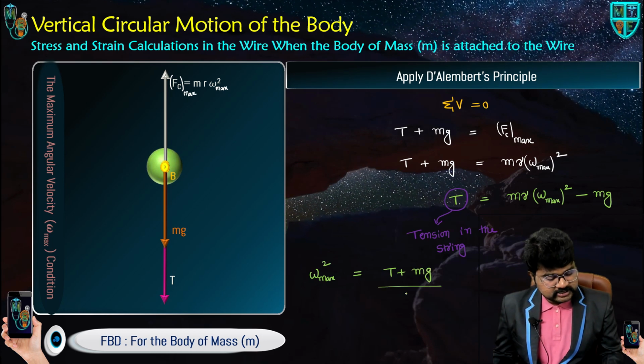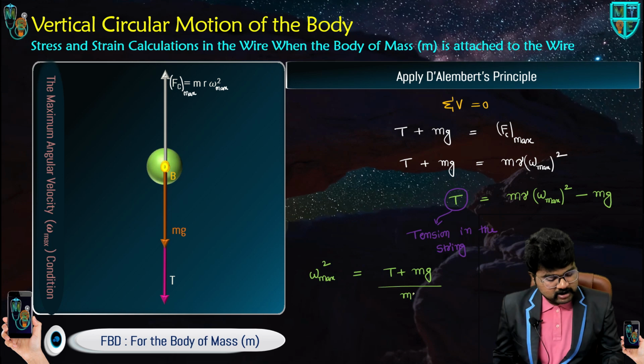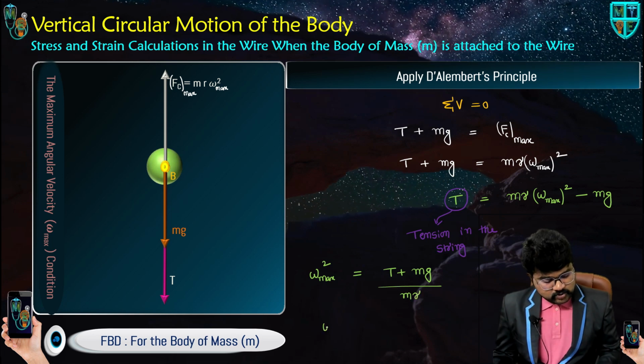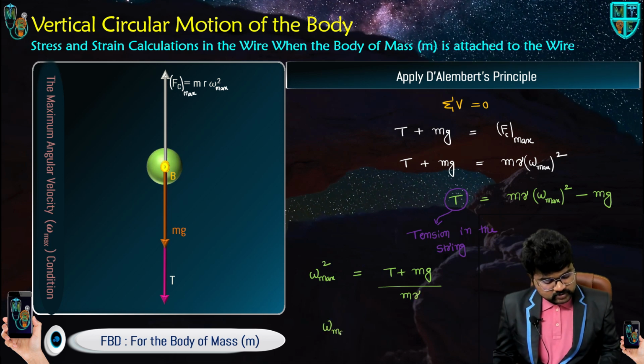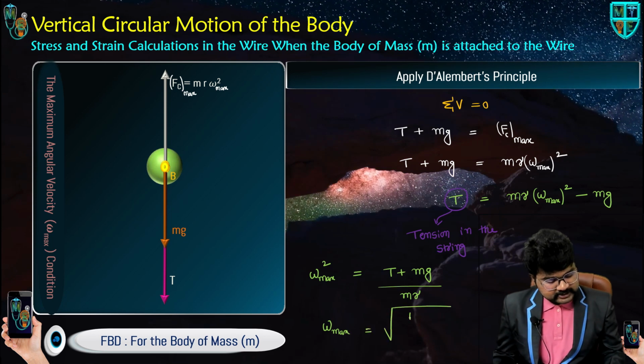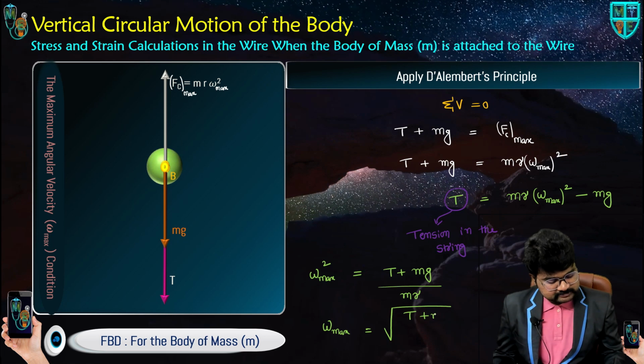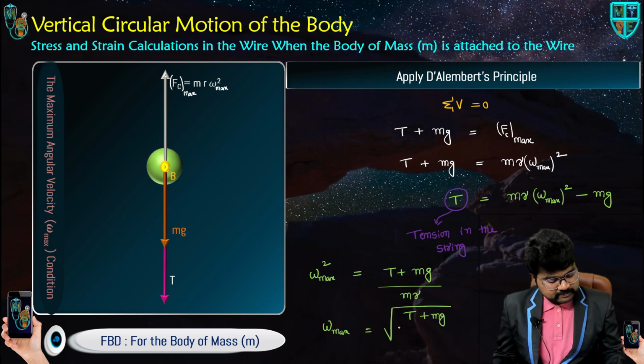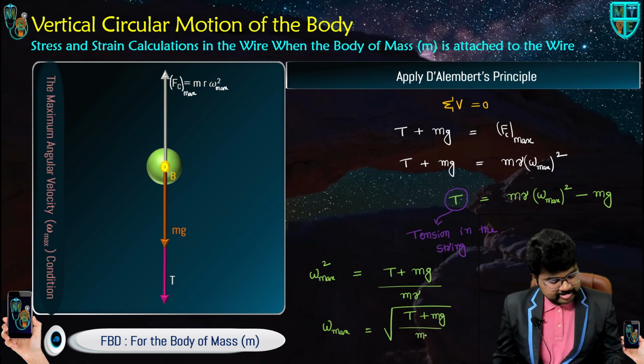T plus mg by Mr, you will be getting omega maximum equal to square root of (T plus mg by Mr).